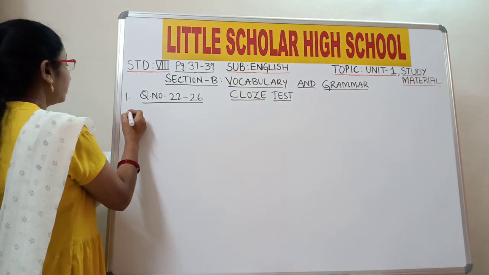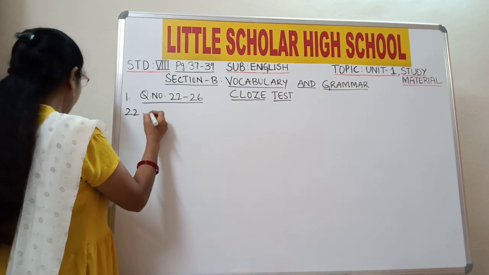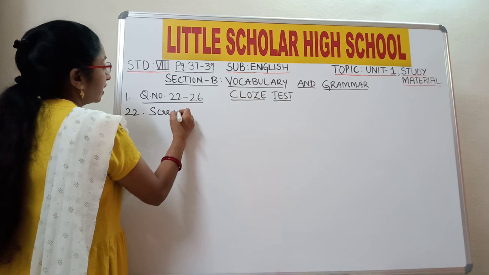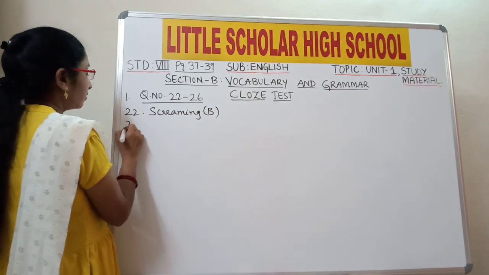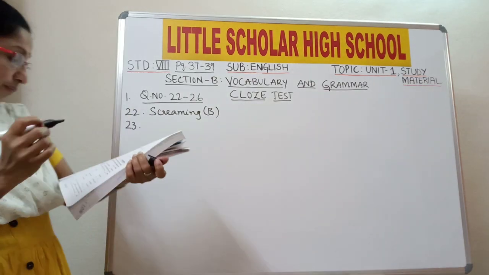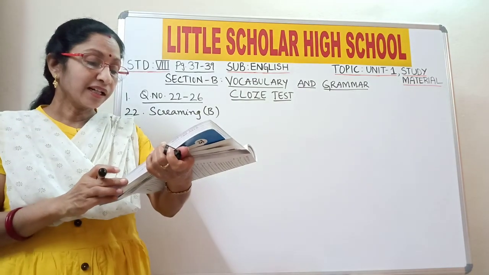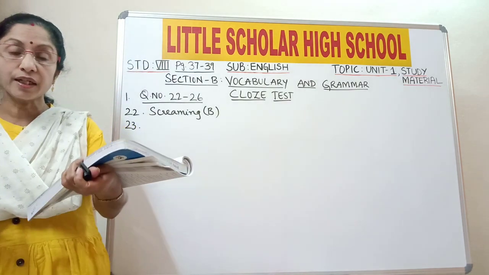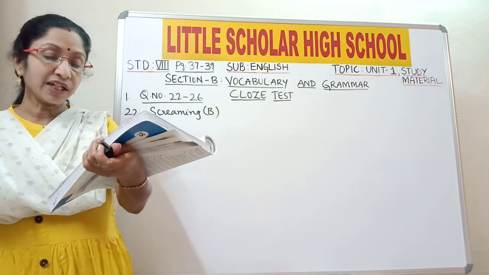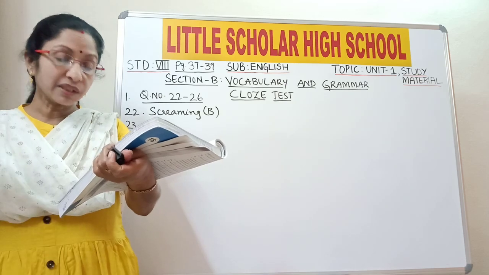So question number 22, screaming. Answer is screaming, option B. Now question number 23, they glimpsed dash the loaves. They glimpsed, the word glimpse indicates past tense. Glimpsed means looked.